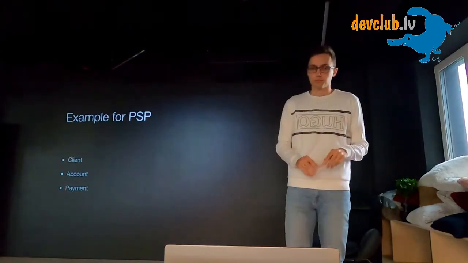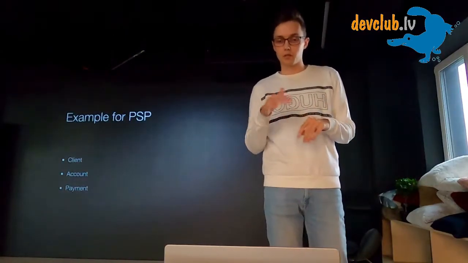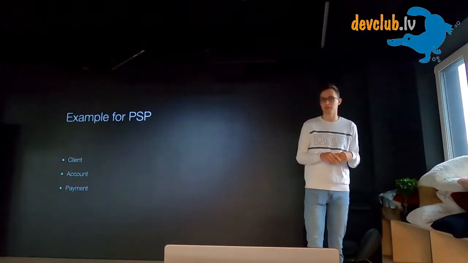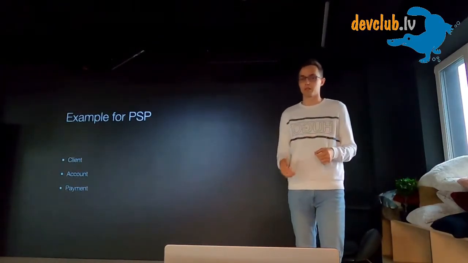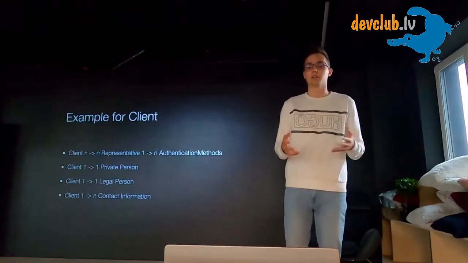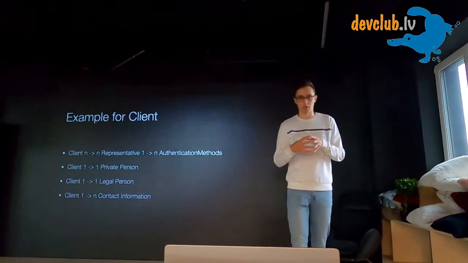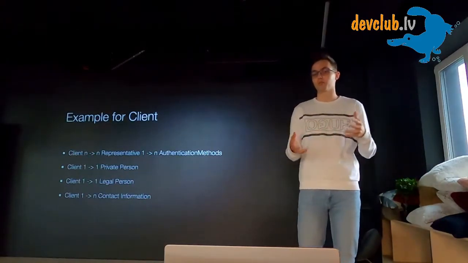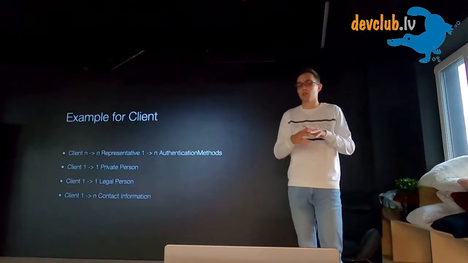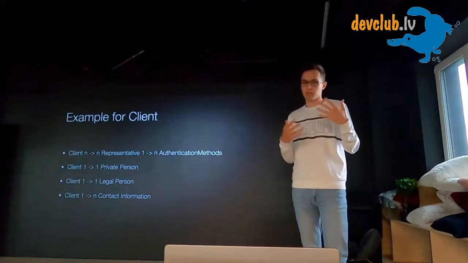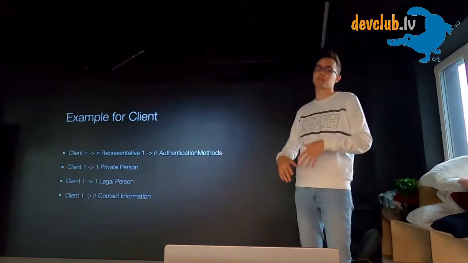But any of these entities is a very big domain or subdomain by itself. If we take a look, for example, at the client, we can broaden it to a model which will contain at least five tables, where there will be a client representative.